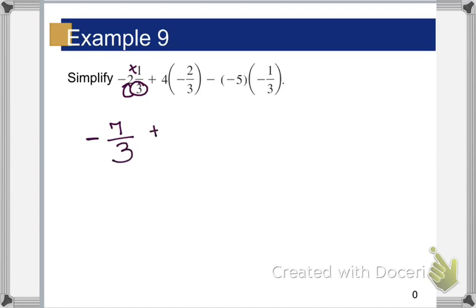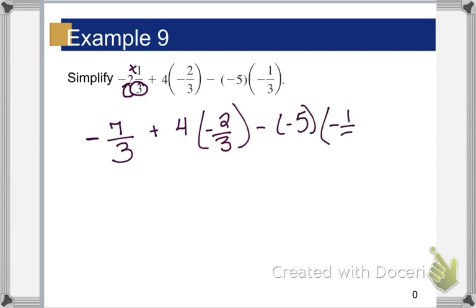Okay? Now, I want you to look at all of the parentheses that I have in this problem. I have a parentheses here, here, and here. Order of operations says that I've got to simplify grouping symbols first.